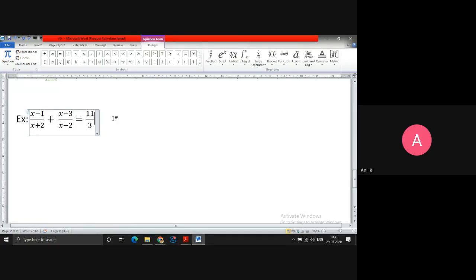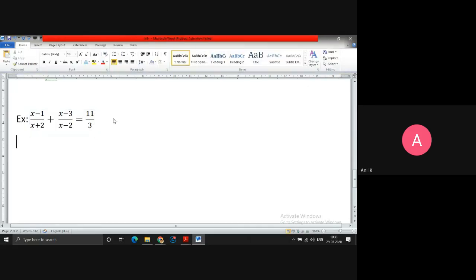Okay, this is the given equation. They ask that find the value of x if possible or if it exists. I think this type of question we have not discussed yet.